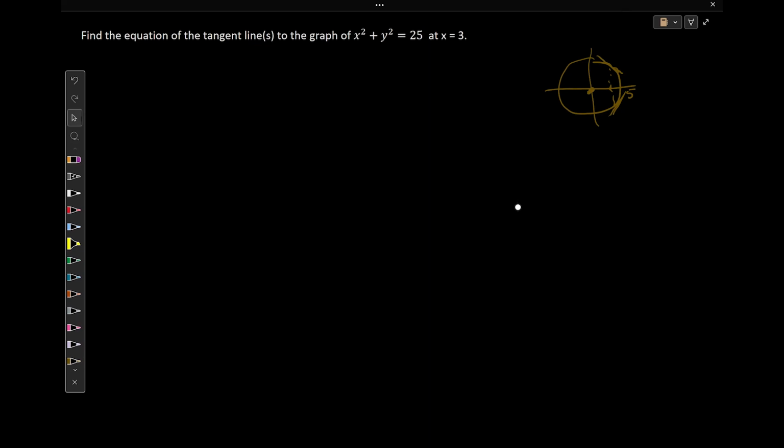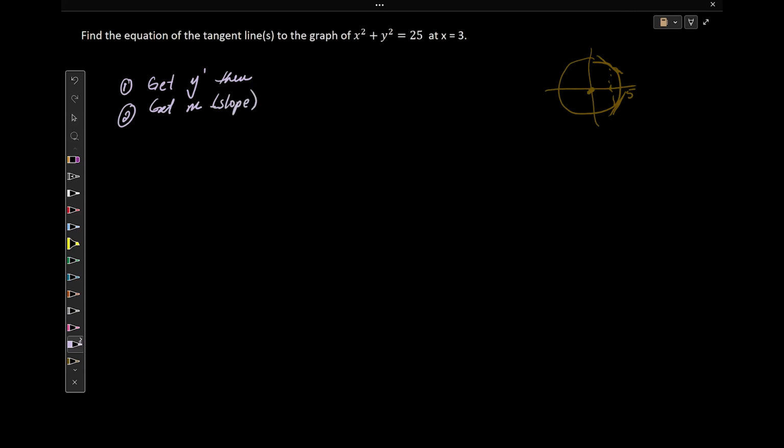The first thing we have to do is get the derivative. So one, get y prime. Then two, we get m, this is the slope.